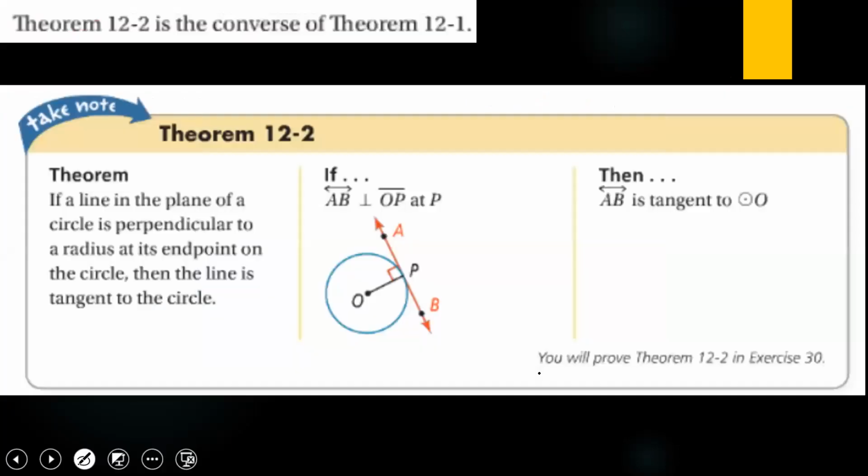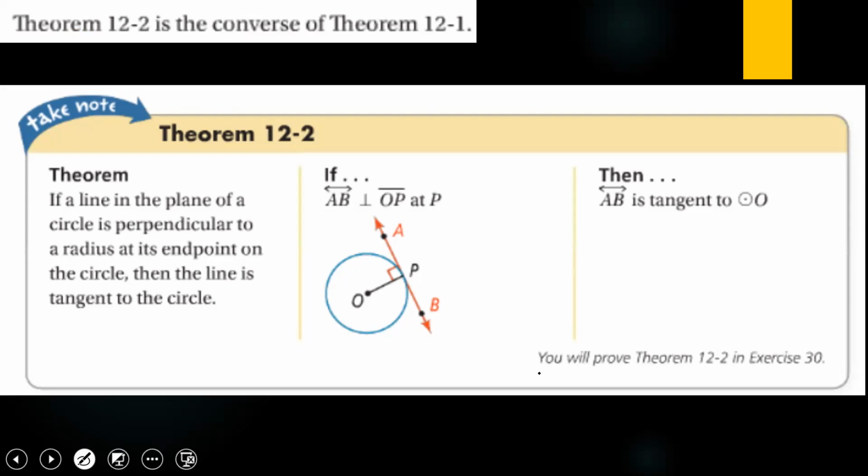Now let's talk about theorem 12.2, which is the converse of theorem 12.1. In this theorem, if there's a line in the plane of a circle that touches it at one point, and this line is perpendicular to a radius, then I will say that this line is a tangent line.